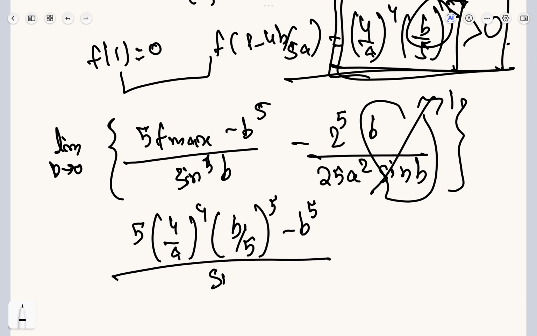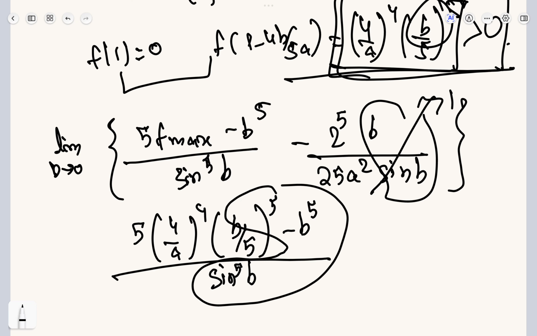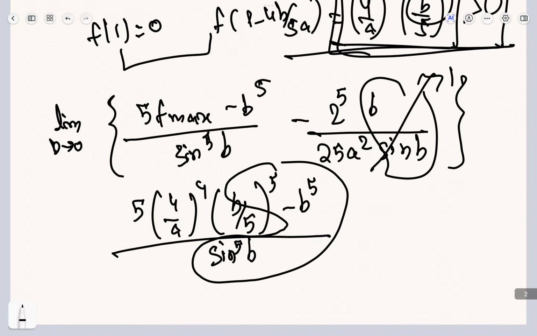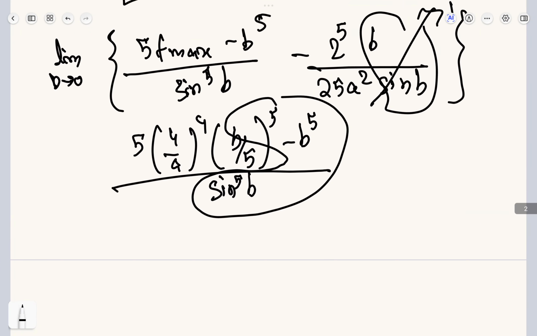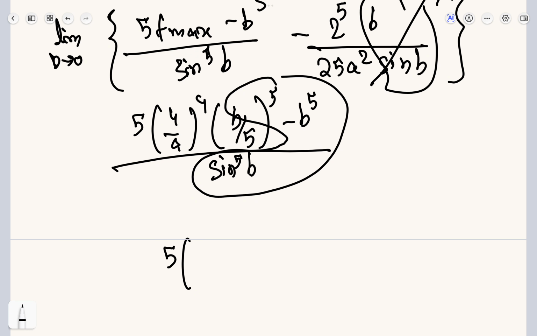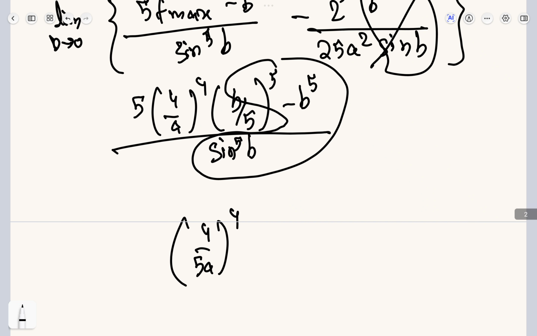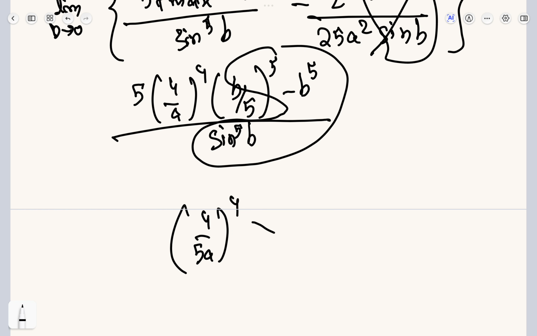Yeah, I think pretty much everything is fine here. So b power 5 and sine power 5b, all of it is gone from the equation, and I am left with 5 times 4 by a power 4 by 5 power 5. So this would be 4 by 5a power 4, and minus 1.